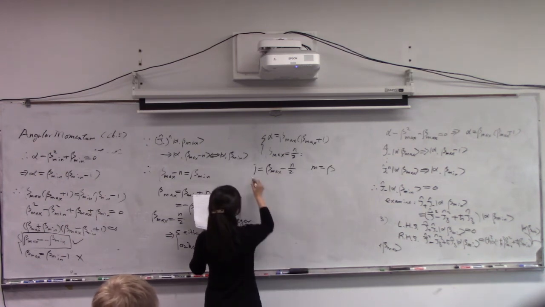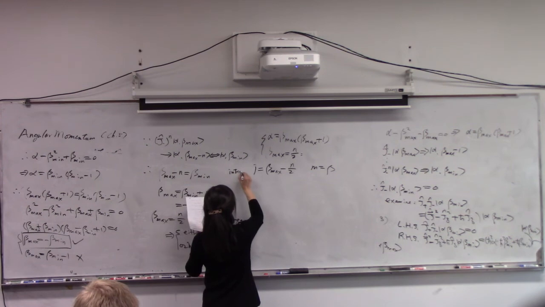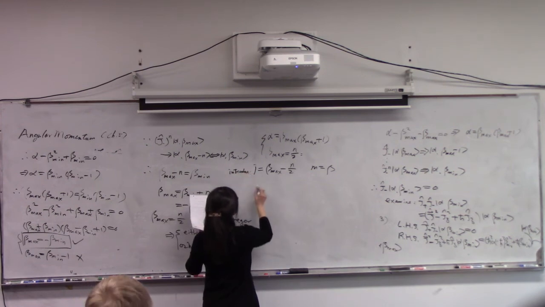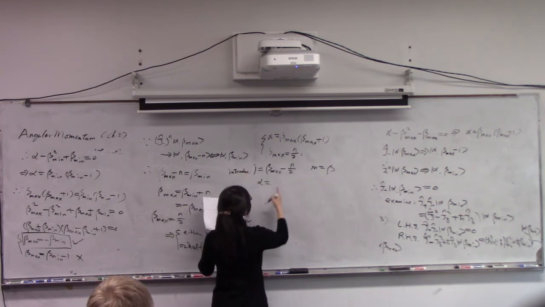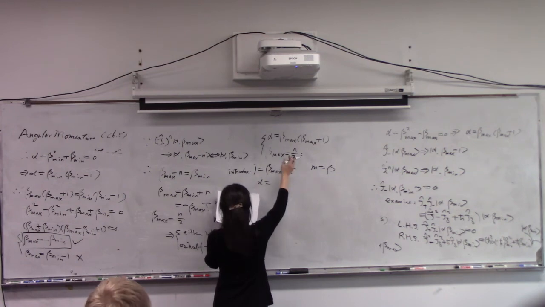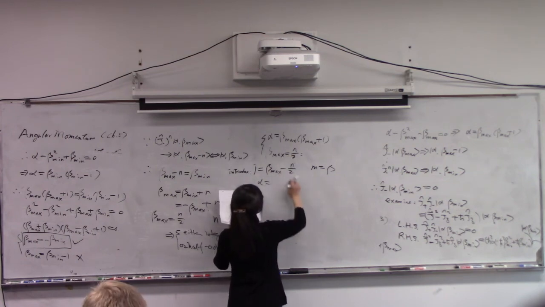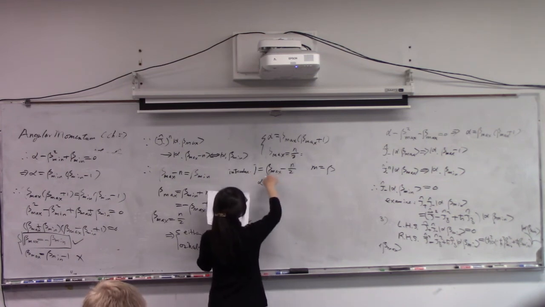So in this case, beta is j minus half n, right?